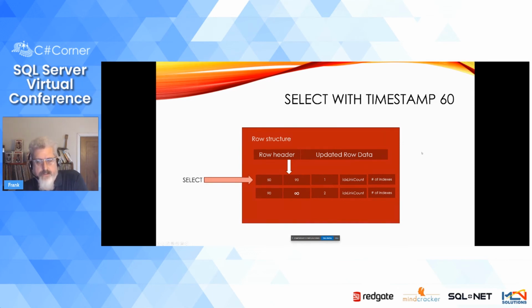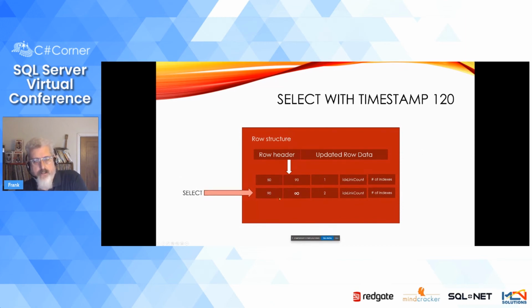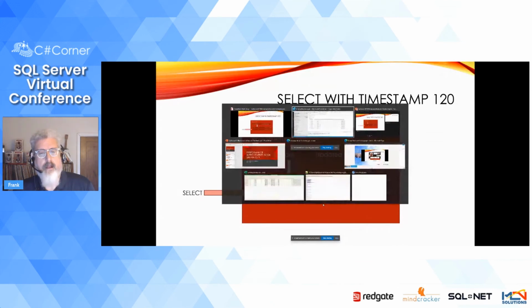If somebody comes in with a timestamp of 120, because 120 is greater than 90, it's going to hit this row. And you'll hear this referred to as optimistic concurrency. In the standard world of SQL Server, where things get locked and latched, that is known as pessimistic concurrency. So this is how SQL Server is able to do that.